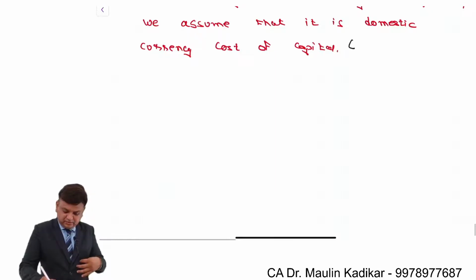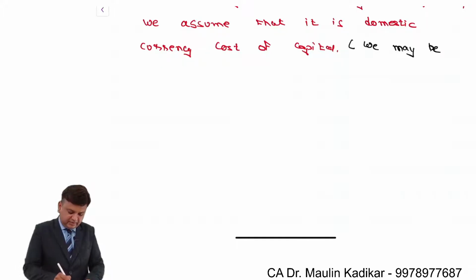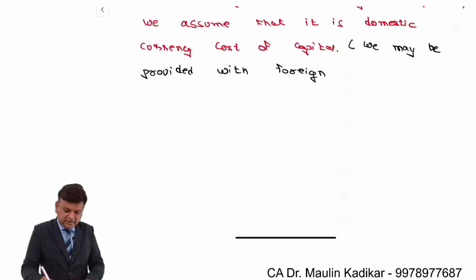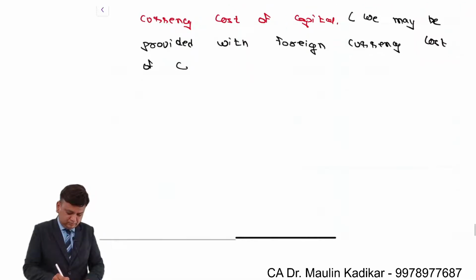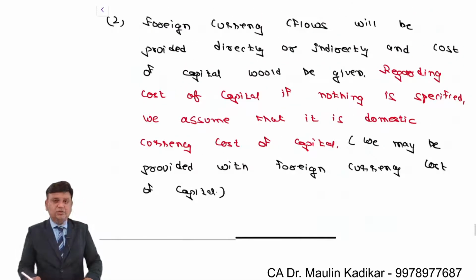In bracket write down, we may be provided with foreign currency cost of capital. So friends, over here, it may happen that we are provided with the information about directly the foreign currency cost of capital.